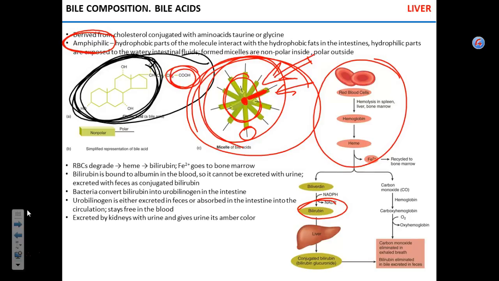So they cannot filter out bilirubin. Essentially, the liver degrades albumin with the bound bilirubin and excretes bilirubin into the intestine. That makes sense? So bilirubin is what is called bile pigment.